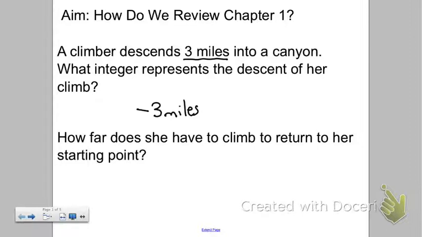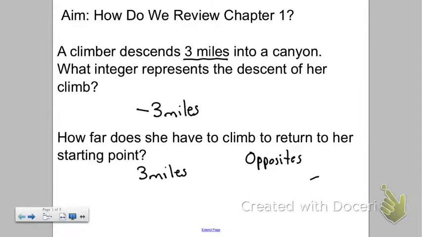If she went down 3 miles, in order to get back to her starting point, she's going to have to go up 3 miles. Any situation where a person has to go up, it's positive. So she's going to have to climb up 3 miles. Now these two numbers are called opposites.